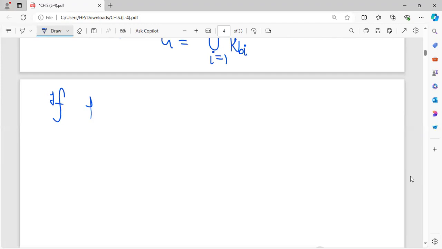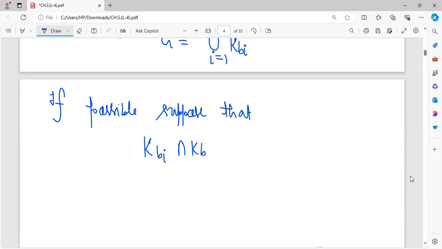If possible, suppose that K B_i intersection K B_j is not equal to phi for some i, j.